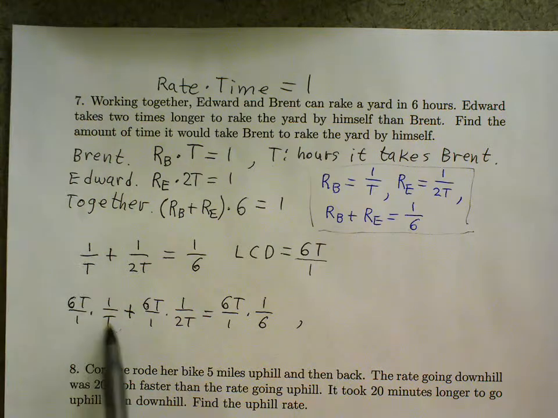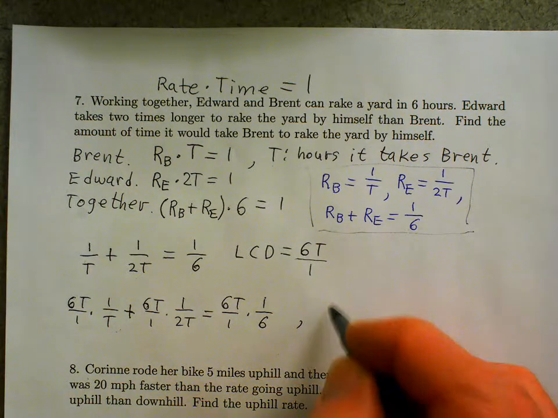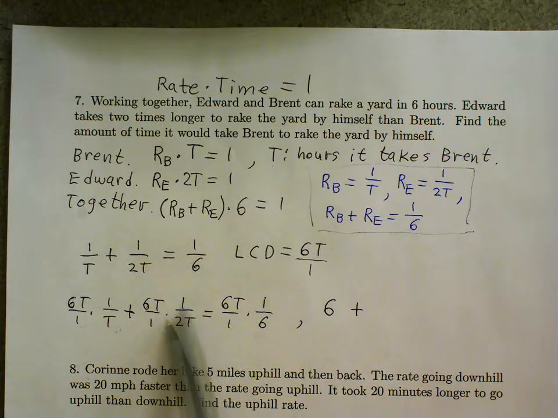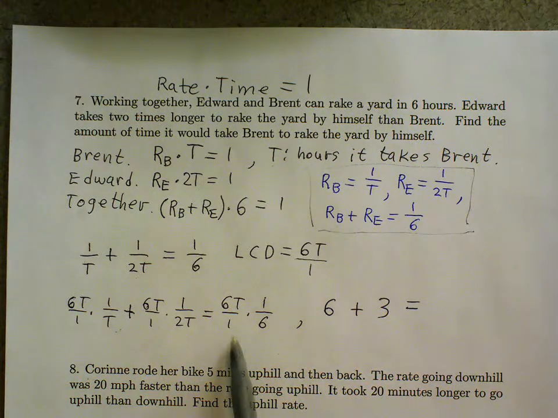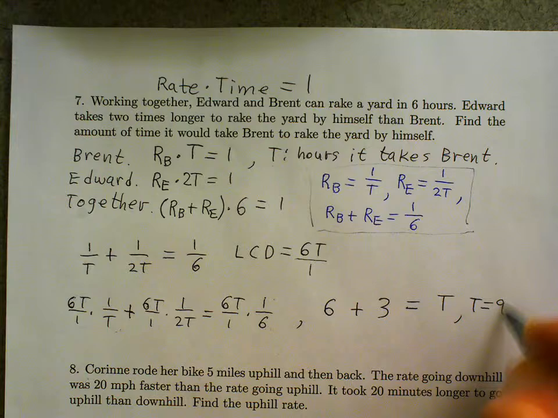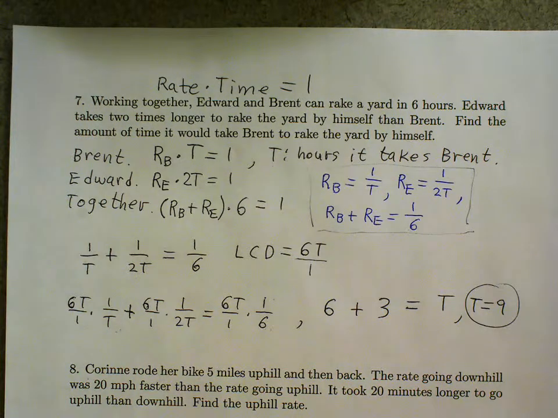The t's cancel, so we're just left with 6. 6t over 1 times 1 over 2t. Well, t divided by t is 1, and 6 divided by 2 is 3. So we have 6 plus 3. And then on the right-hand side, 6t over 1 times 1 over 6. 6 divided by 6 is 1, so we're left with t. And 6 plus 3 is 9. So t equals 9.